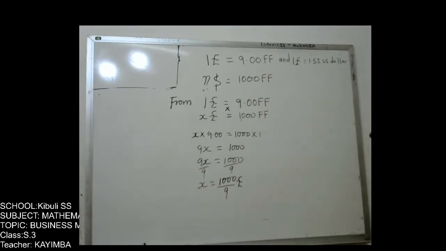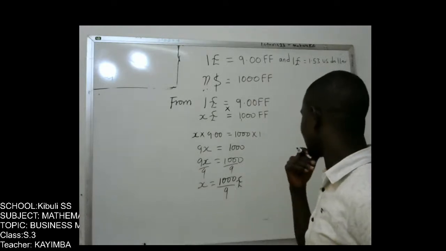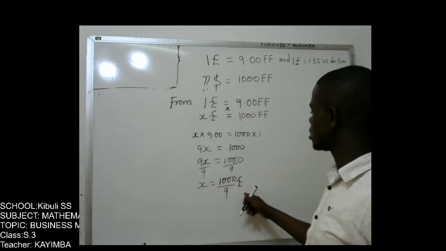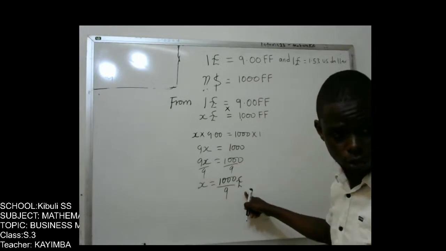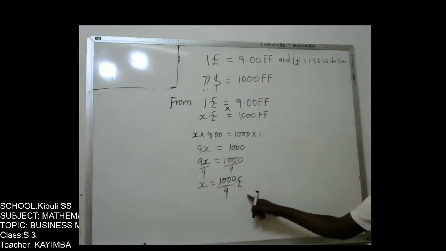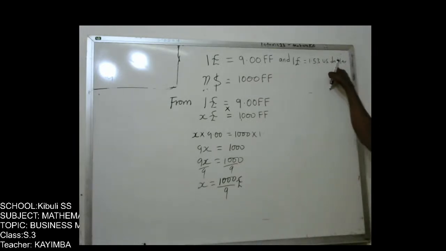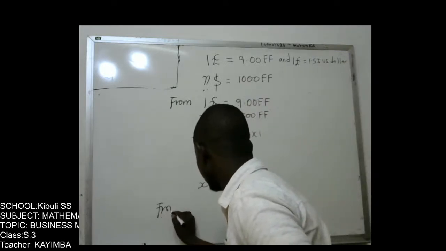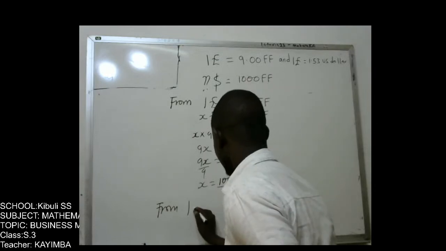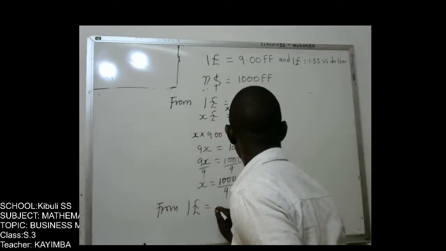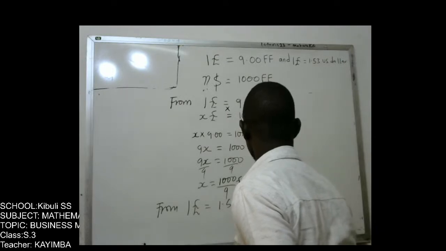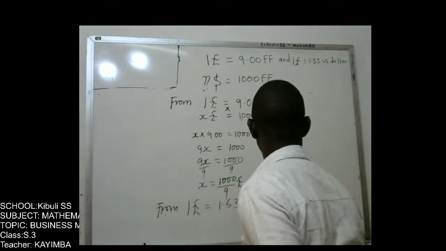Are we together? Now this is the value that we have in pound sterling. So after getting this, now we are going to change this to US dollars. They are in pound sterling. We are changing them to US dollars using this. Okay? Remember also from what they gave us, they told us that 1 pound sterling is equivalent to 1.53 US dollar.